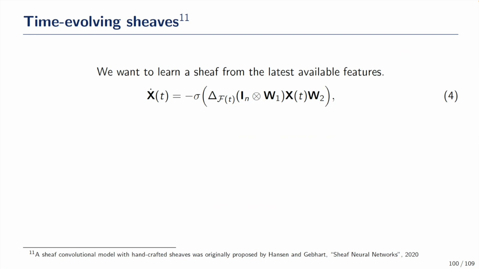Because we have vectors, now we can also multiply them from the left. Before in GCN, these were just scalars, so you would just put it in W2. So this is a bit more general. It's not exactly diffusion, but it can be reduced to that. If you make this identity and this also identity, you just get the diffusion equation.